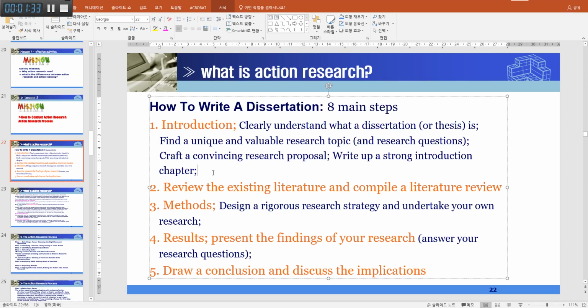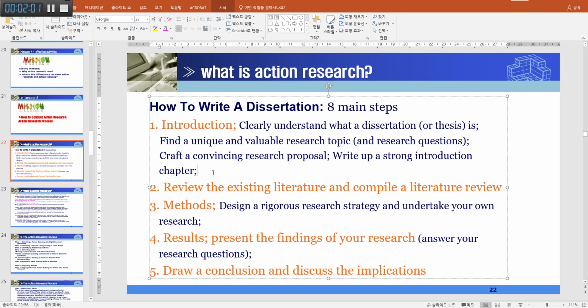Whenever we conduct research for a master's degree or a doctoral degree, we start with an introduction. When you think about your thesis writing, chapter 1 is the introduction. It's about what I want to do. What is my research topic or my research question?